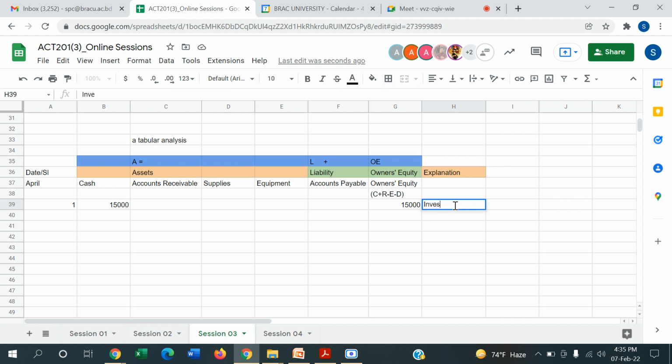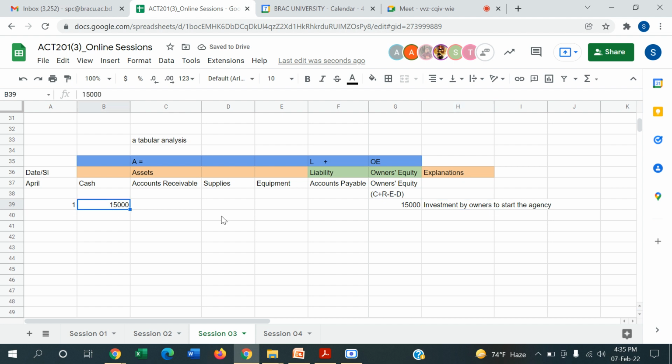Because of the cash invested by owners to start the agency. You can write it in your own words, but if it is meaningful, that's okay. So I want to add one more point here, regarding the explanations, where it will show why these changes have occurred.